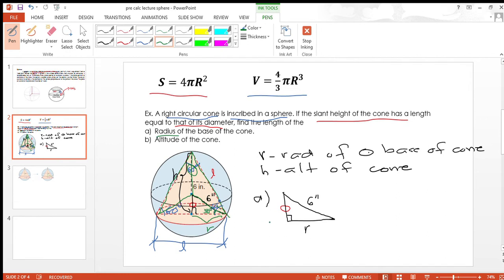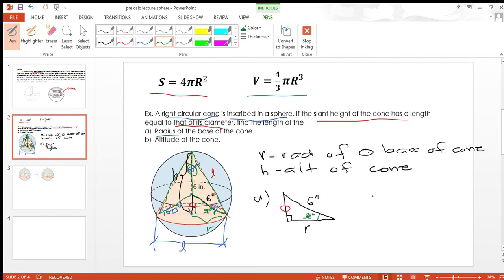And if that's 30, then we can now label this as 30 degrees. And if that's 30 degrees, it means that from this right triangle, R now is solvable.